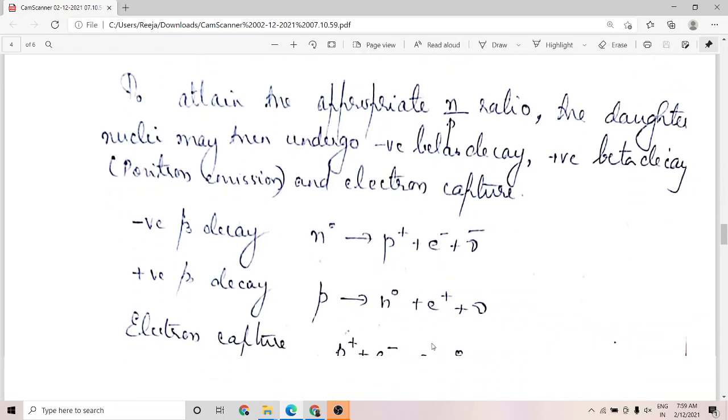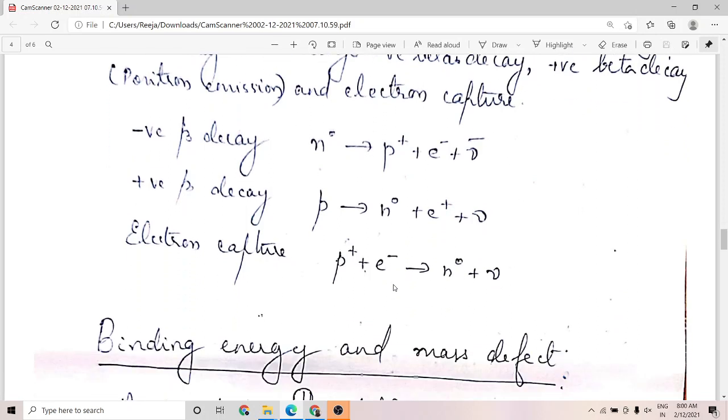Here I have given you the equations for how a negative beta decay takes place, where a neutron gets converted to a proton, releasing an electron and an antineutrino, and positive beta decay where a proton gets converted to a neutron and a positron with the release of a neutrino. And electron capture is the combination of a proton and an electron to give a neutron and a neutrino. All these are methods by which the nucleus attains stability.